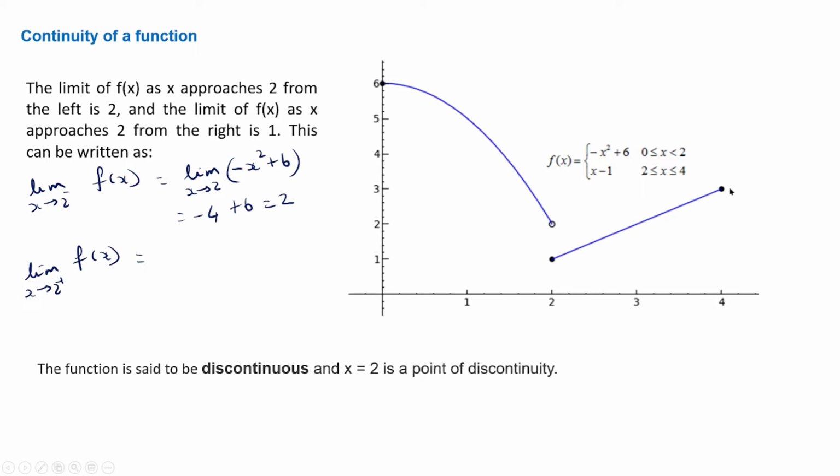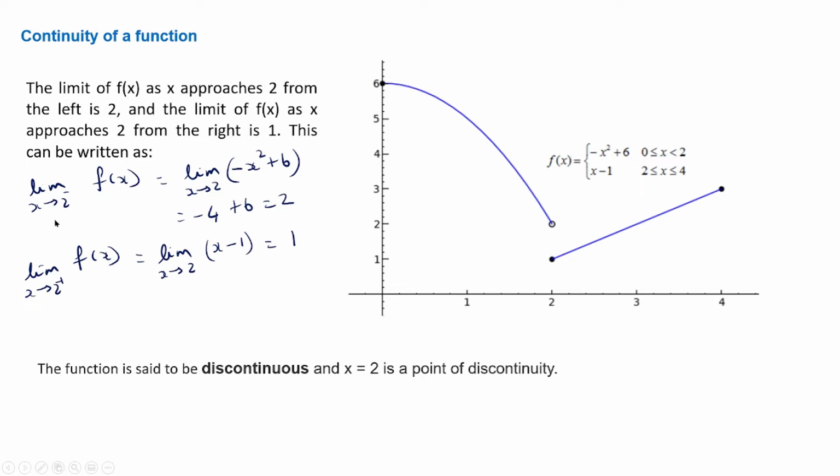As x approaches 2 from right, we have limit x tends to 2 plus f of x as limit x tends to 2 of x minus 1, because it is in this part that x varies from 2 to 4. So this is equal to 1.